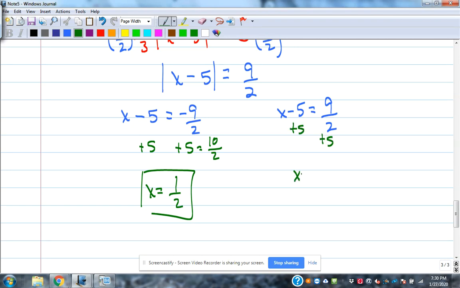And that's going to be 19/2. And again, leave those as fraction answers. Don't change them to decimals. Don't change them to mixed numbers. Leave them as those improper fractions, but reduced as far as they'll go. Questions so far?